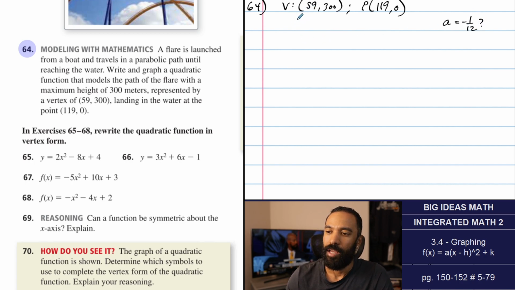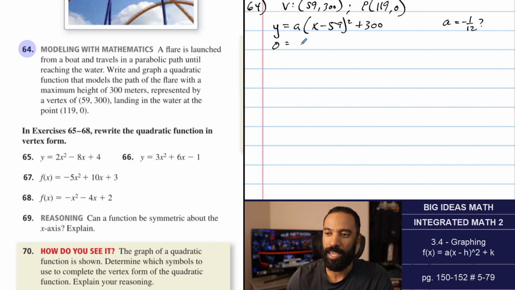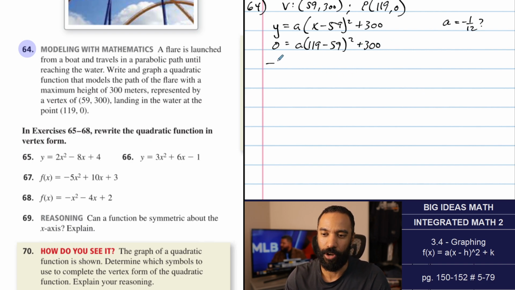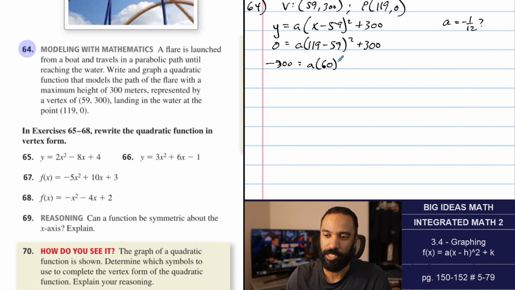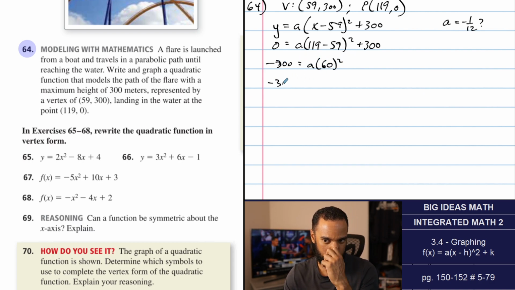So let's see. My h, k, I got y equals a times x minus 59 quantity squared plus 300. 0 for y, and then solving for a, 119 for x: 119 minus 59, squared, plus 300. Let's subtract 300 over. I get negative 300 equals a times 60 squared. And 60 squared is 3,600.